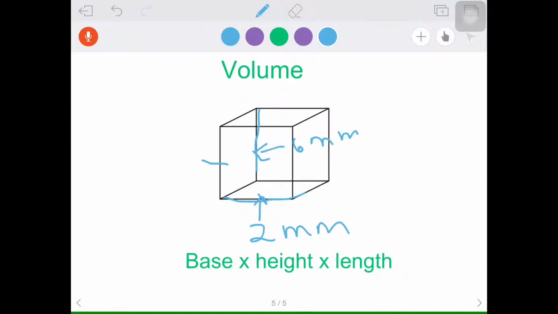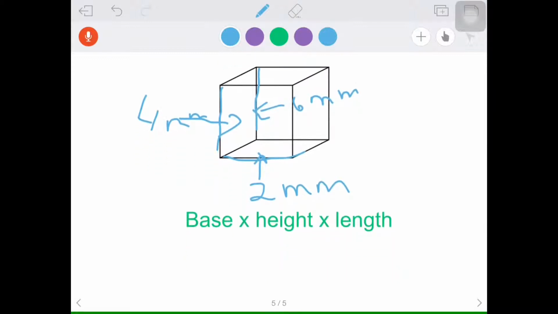And our length right here will be 4 millimeters. And let's do our example. 6 times 2 times 4.